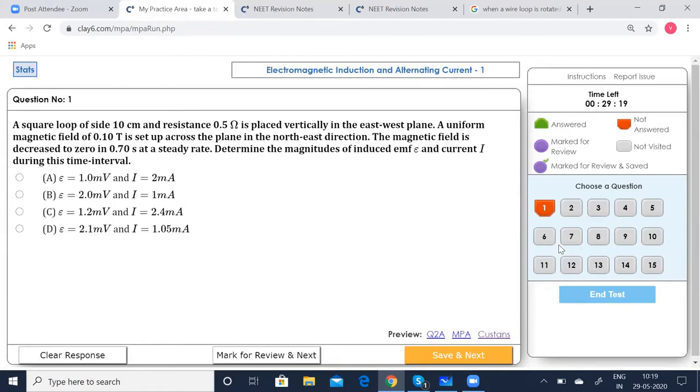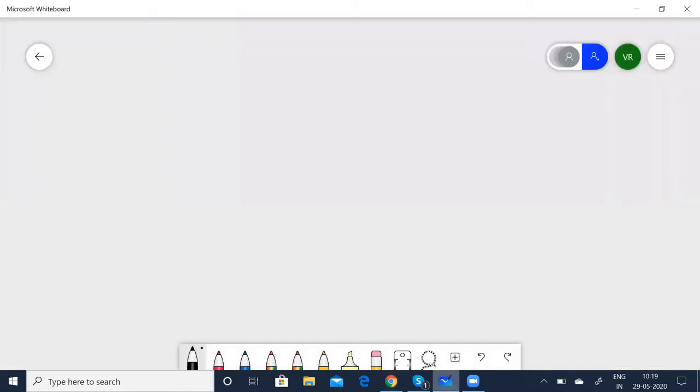All right, let's quickly solve this. So the angle theta made by the vector area of the coil with the magnetic field is given as 45 degrees. And the initial magnetic flux, phi, is equal to BA cos theta.